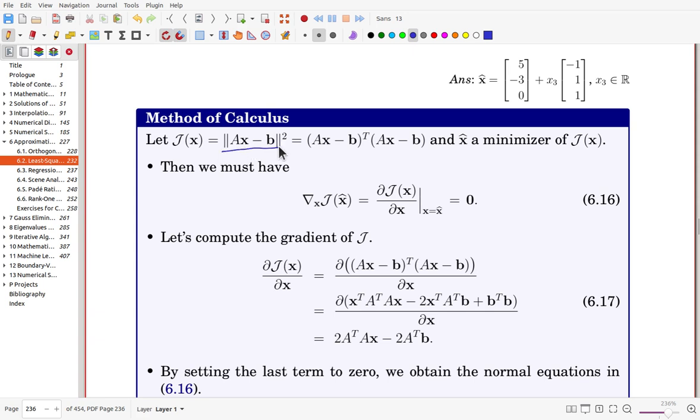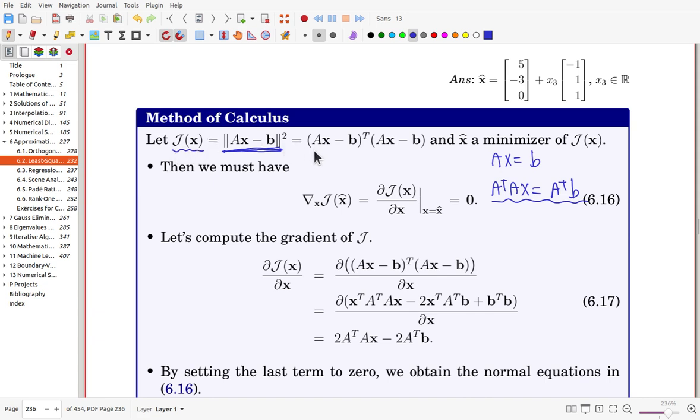Originally we tried to solve that one, but now A transpose A x equals A transpose b, that is the normal equations. We'll try to get these normal equations by using a calculus technique. So we start with this objective function, named J of x.